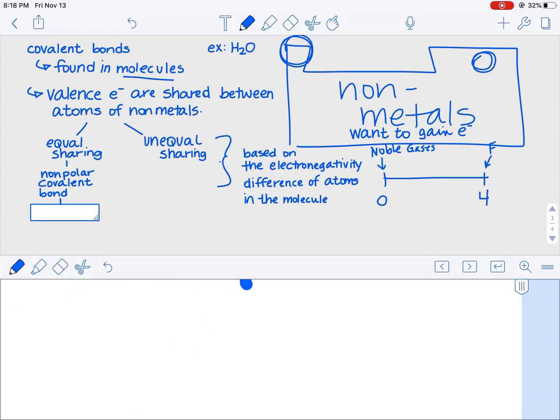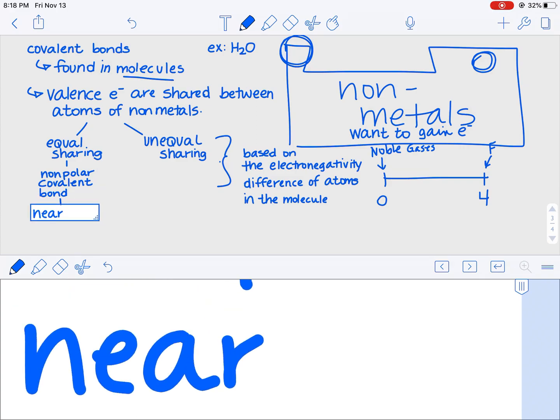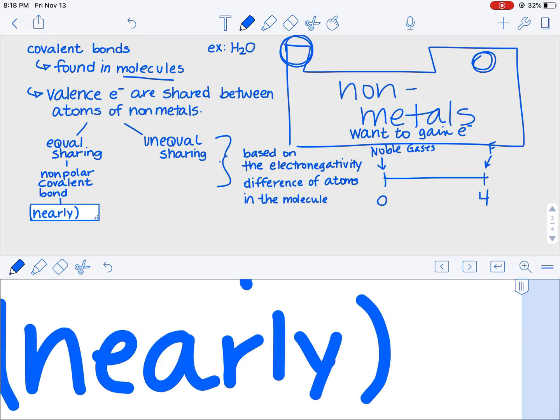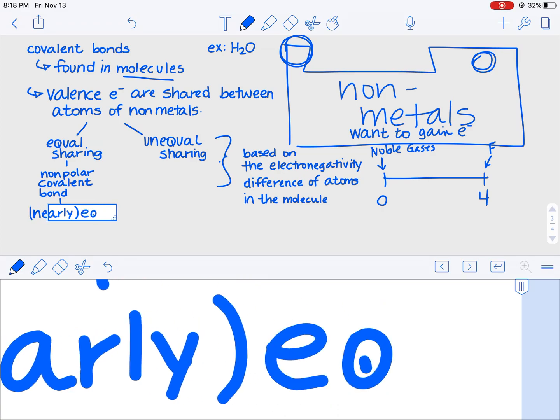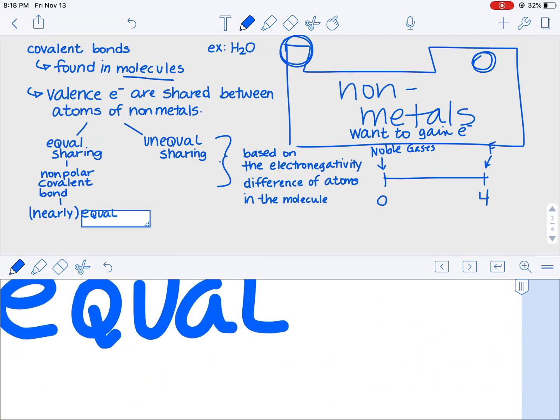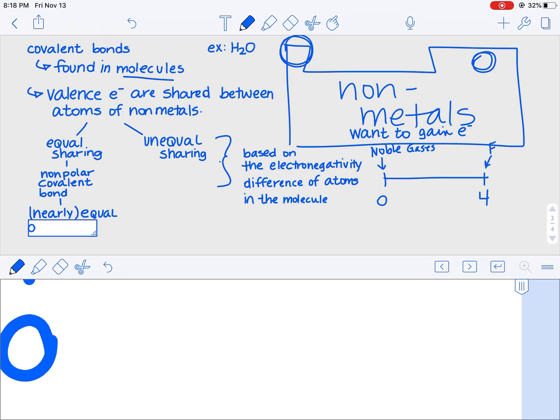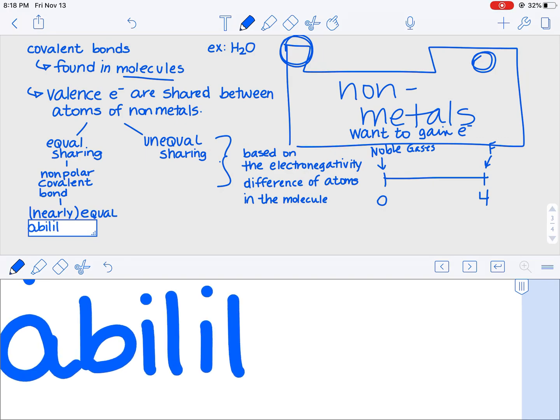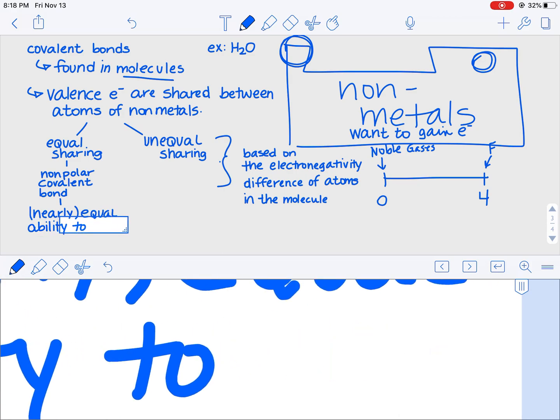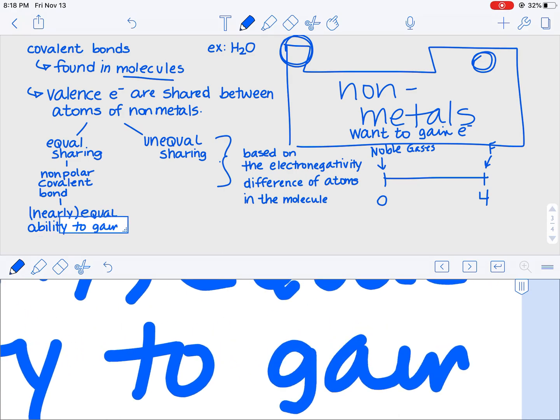In other words, they have nearly equal, or equal, ability (I'm going to put nearly in parentheses) to gain electrons.